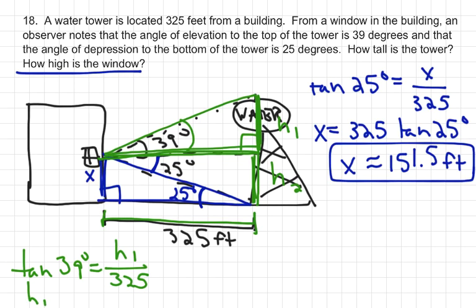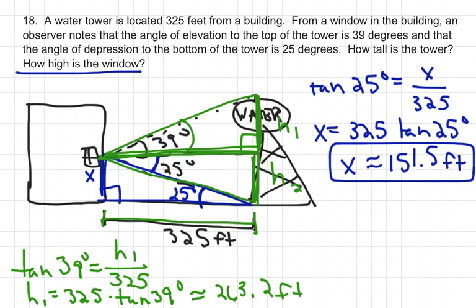So height 1 is going to be 325 times the tangent of 39 degrees, which is approximately 263.2 feet.